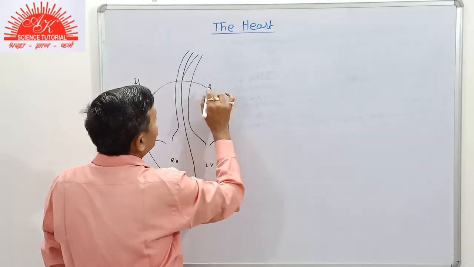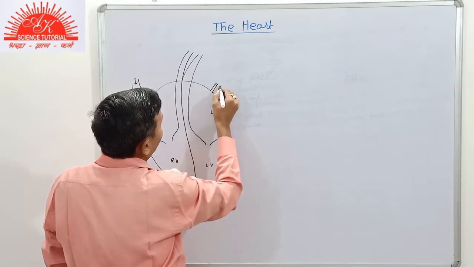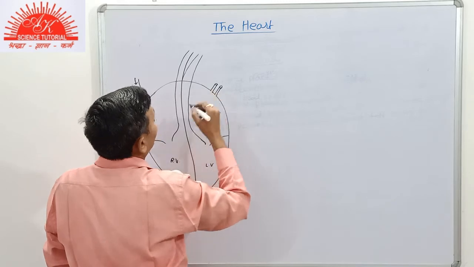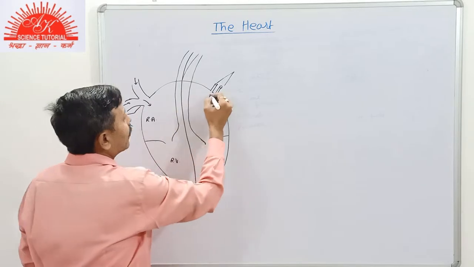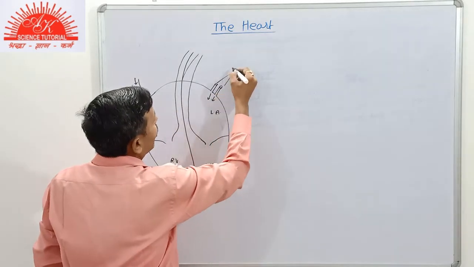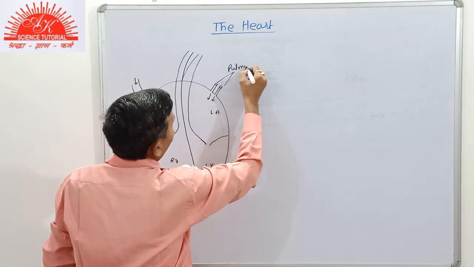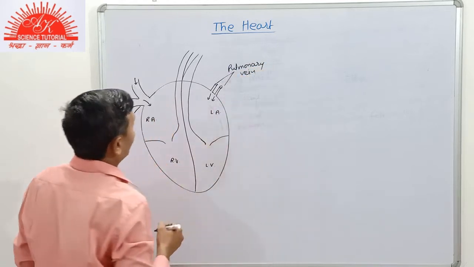Now on this side further we see there are four veins, two from each of the lungs, bringing the oxygenated blood. That is called the pulmonary vein.